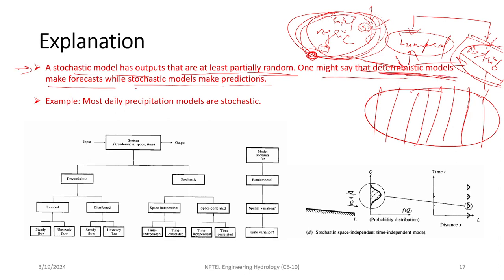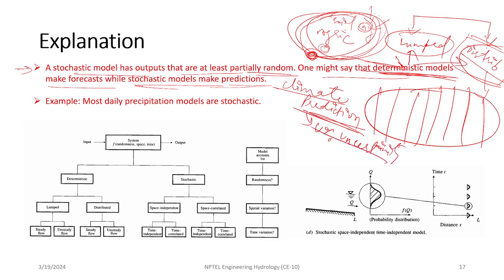Now if we are saying that a stochastic model makes predictions, then definitely, if we say that climate predictions are happening day by day, why am I saying that a stochastic model is there? Because every climate prediction comes with a certain degree of uncertainty.